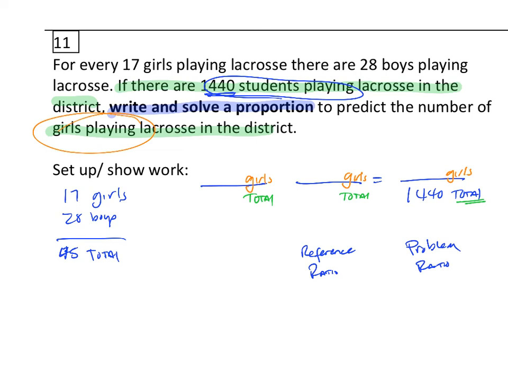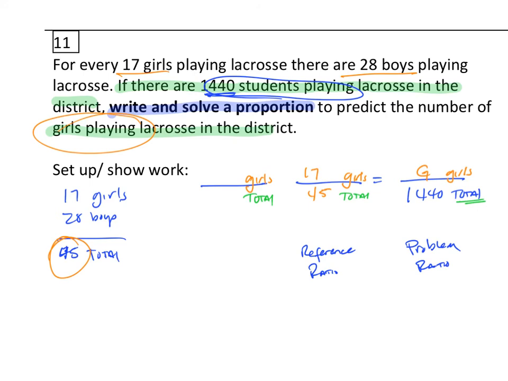Now, we don't know how many girls, so you might say we're going to use G. But we do know that in our original ratio, we had 17 girls for every 45 total. So that's our ratio.